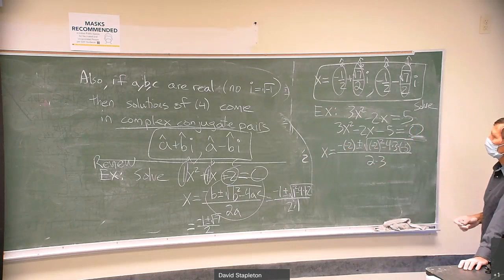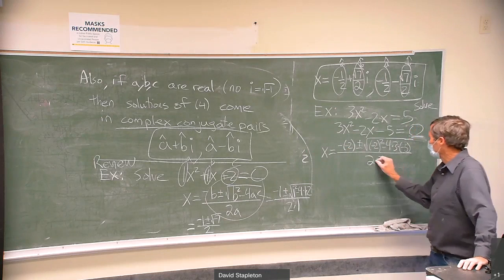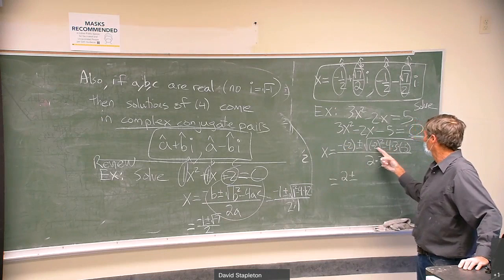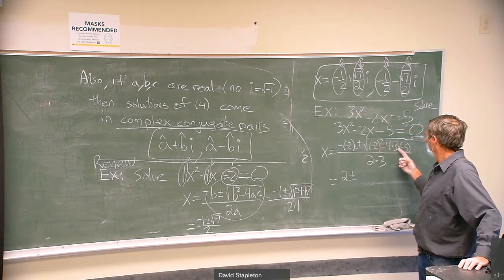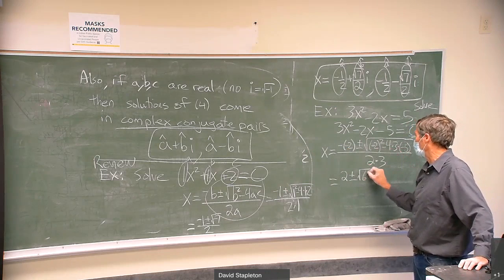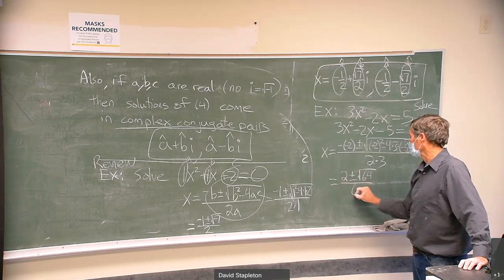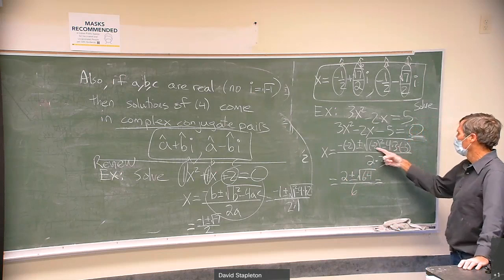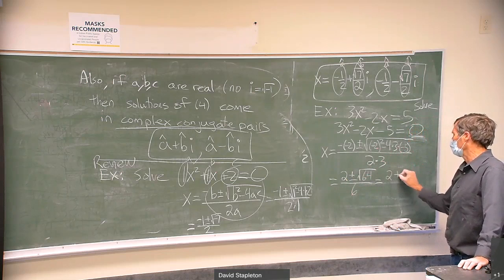These things come up all the time, like solving the bouncing ball problem or anything like that. So let's see, we've got 2 plus or minus. This is 4. Let's see, 20, 60, 64, plus or minus square root of 64, all over 6. All right, the square root of 64 is 8, so it's 2 plus or minus 8 over 6.